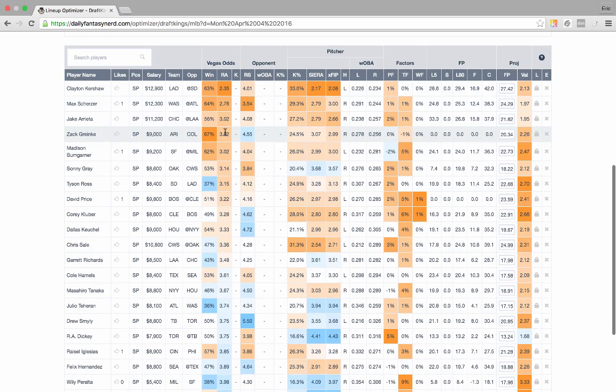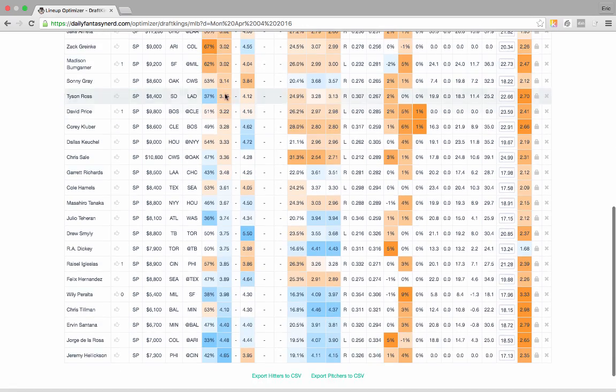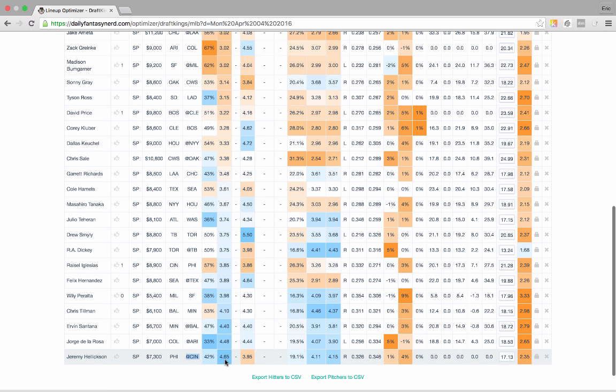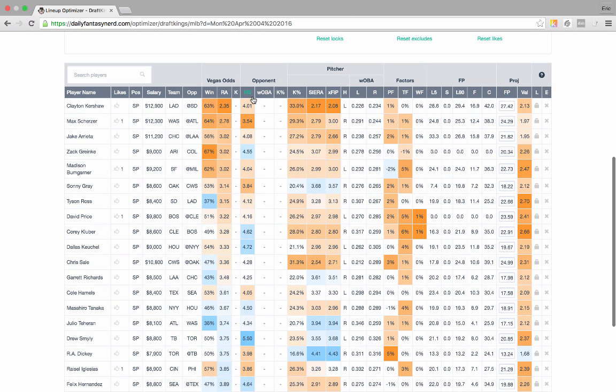So one thing that's useful here is not only looking at who's going to allow the fewest runs, but who's going to allow the most runs, because you may want to consider stacking guys who are playing on the Reds hitters, because this pitcher is expected to give up a lot of runs. Over here we have the Vegas projected strikeout total.